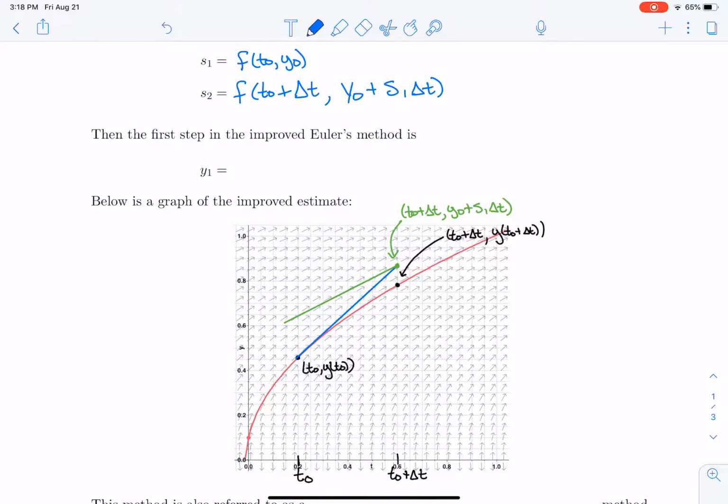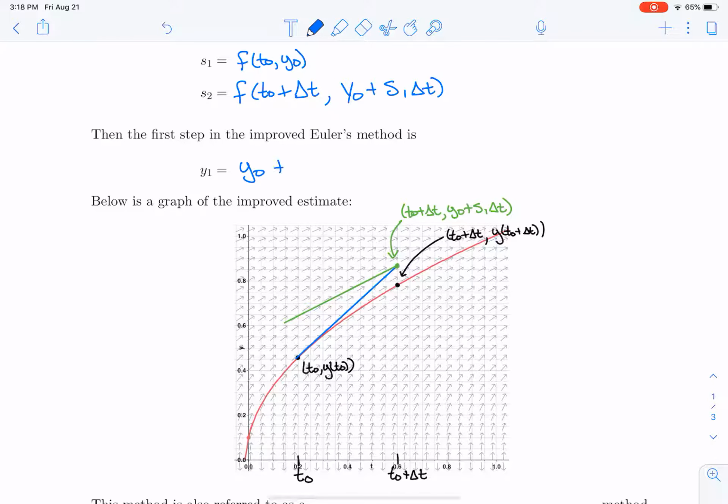So now what we can do, in order to take one step in our new improved Euler's method, is average the slope from the beginning of the time step, which is given by that blue slope, and the estimated slope from the end of the time step, which is given by that green slope, so that we can start at our initial point, y0.